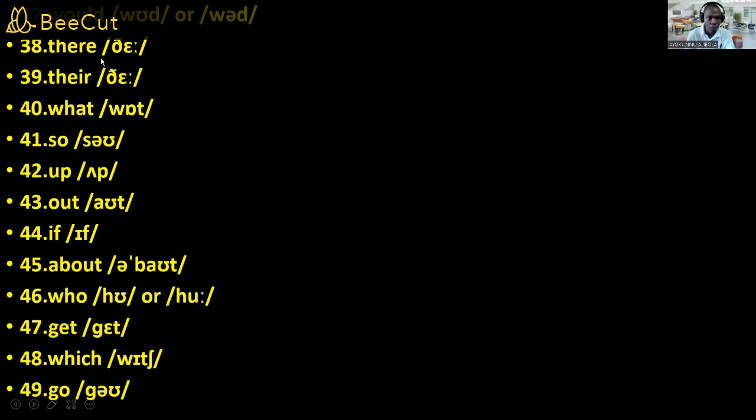The R will not come out in there. Then there. Now, how do we differentiate between there and there? The sounds are the same, but the difference is in the pronunciation. So, then what, and so, and hop, short hop.